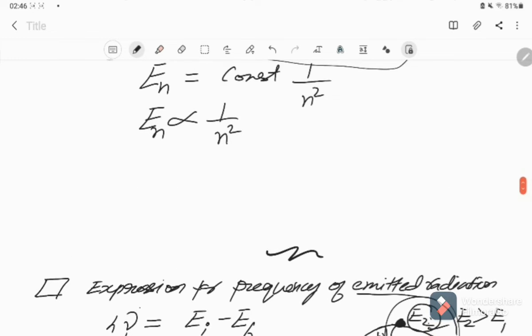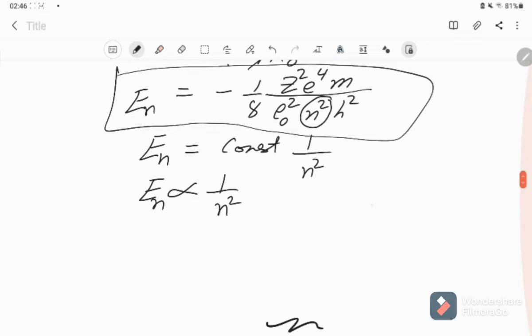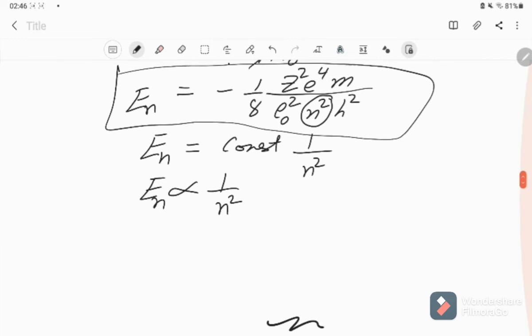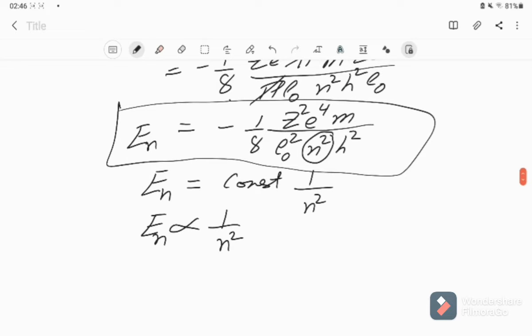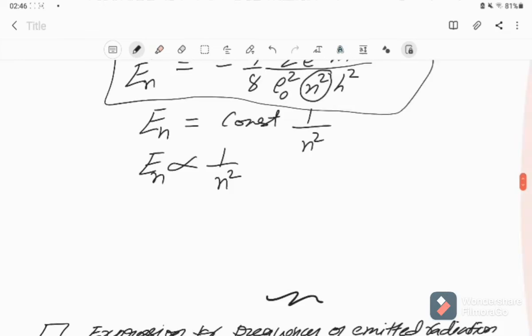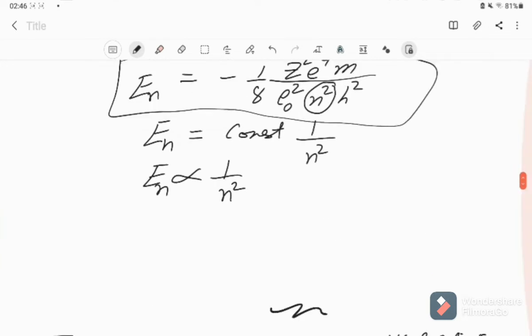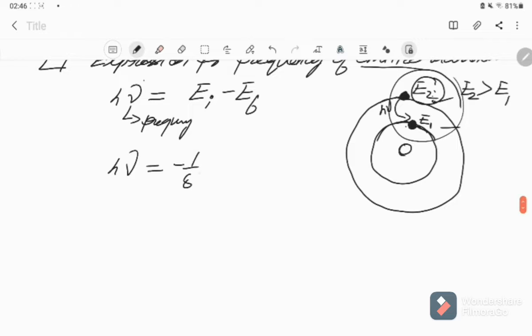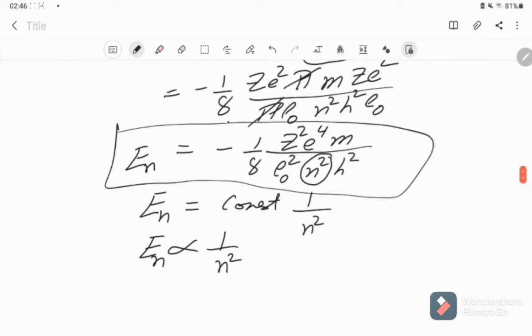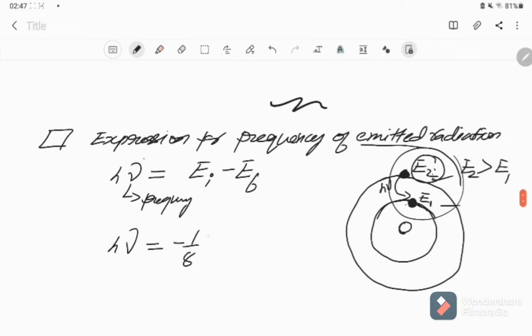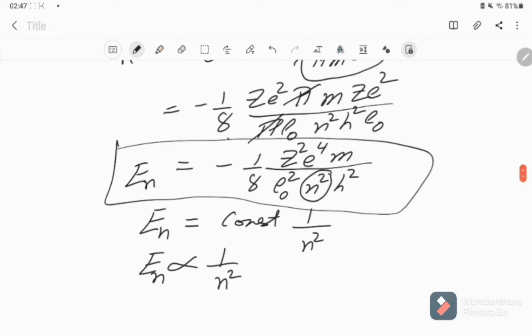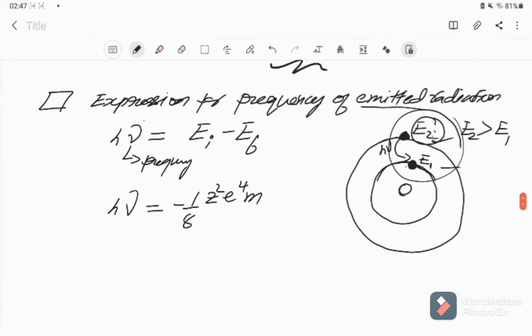In place of this n, you can write n_i, initial. So it is minus 1 by 8, Z squared e to the power 4 m divided by epsilon naught squared n squared h squared.